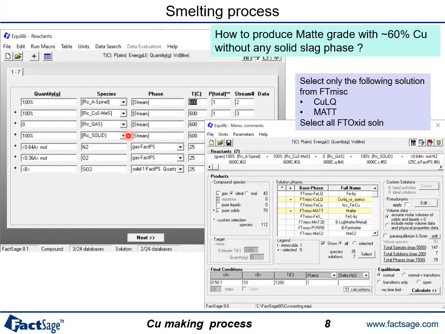We have all this kind of stream, and 100 means we are taking 100 percent of the total amount of those products as it is. And then we want to remove the gas phase at least, so I set the gas amount as 0 and all the others as 100%.